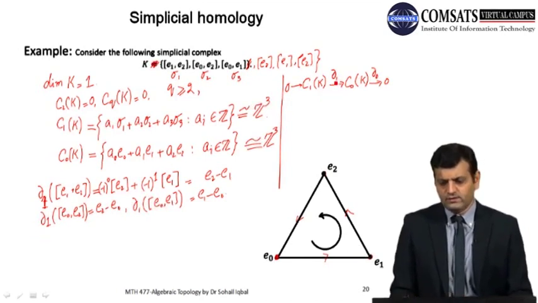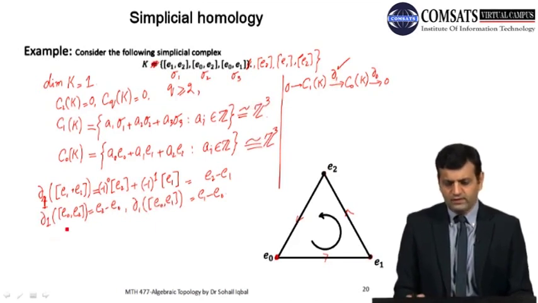The images of these are going to be the 0-simplices inside K. So what about the kernel of this? That's what we are interested in now. The elements of C1 of K are combinations A sigma 1 plus B sigma 2 plus C sigma 3.